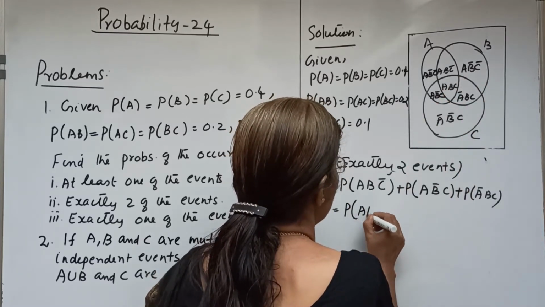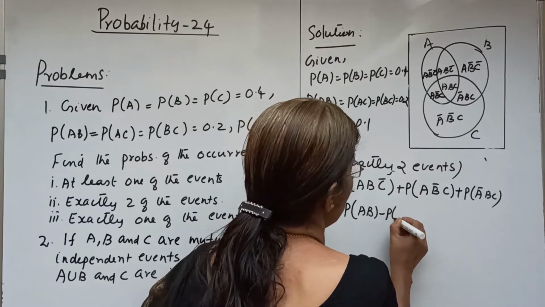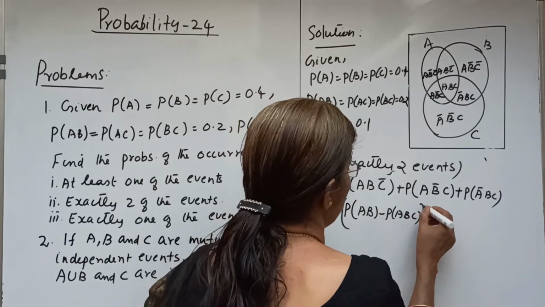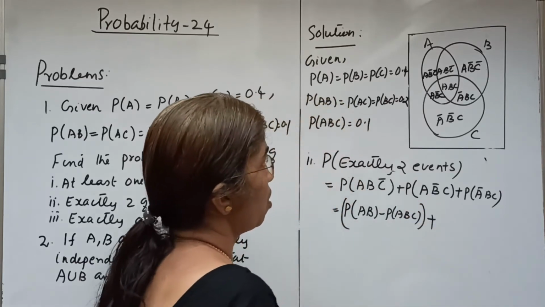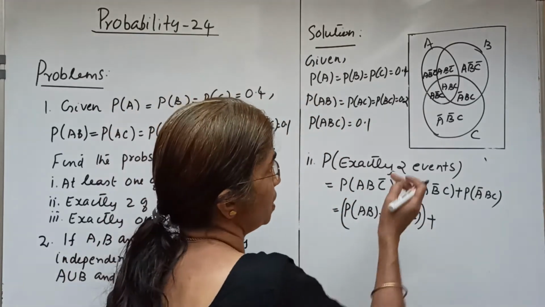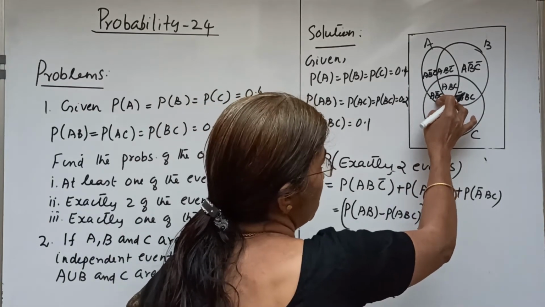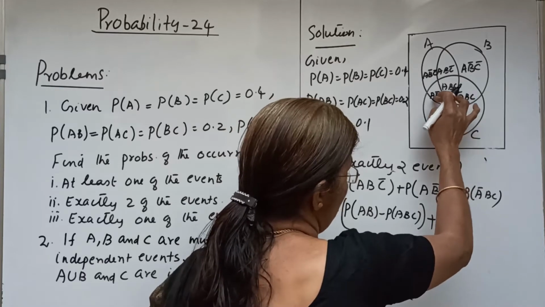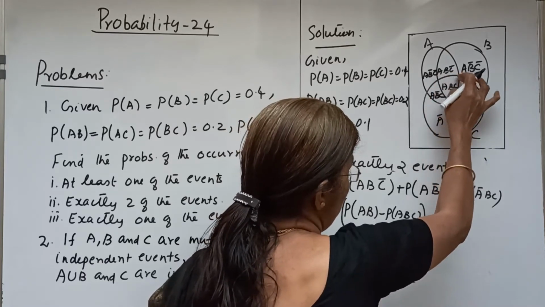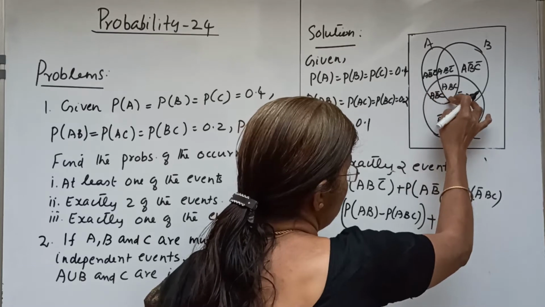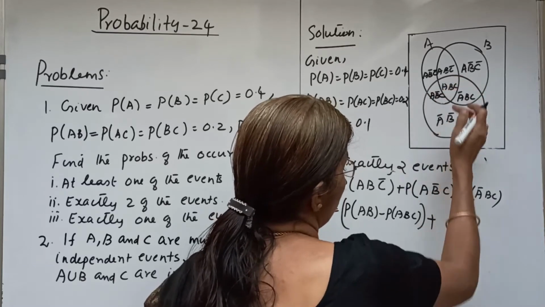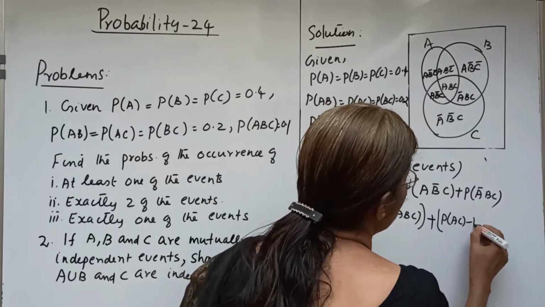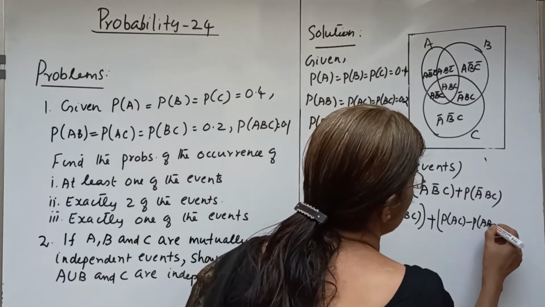So what is the next? P of A B bar C. This is the set A B bar C. So this can be obtained as P of AC, this is AC, minus P of ABC. So P of AC minus P of ABC.